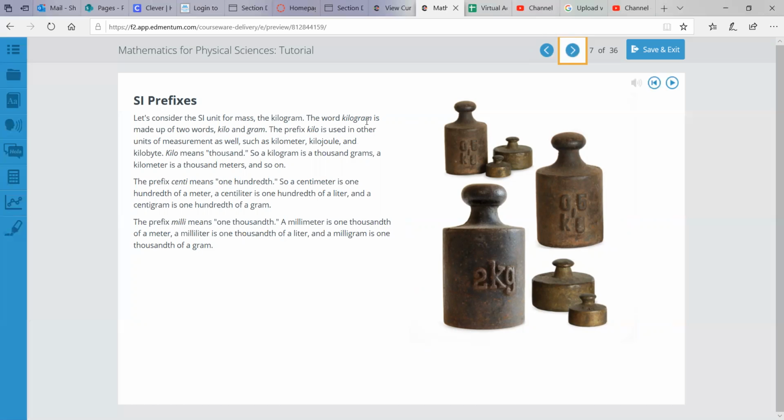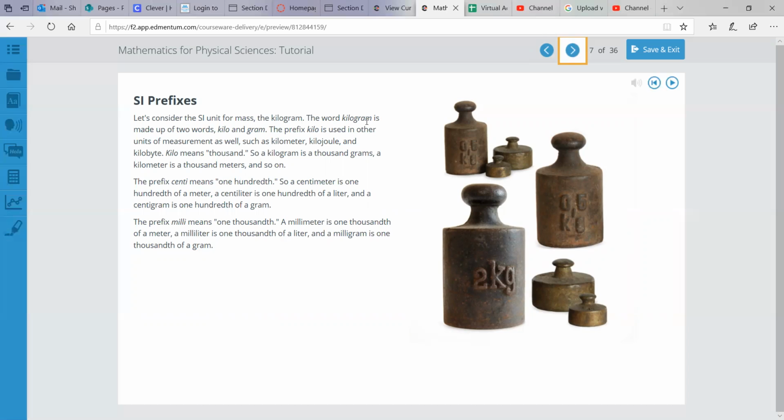Kilometer is 1,000 meters. Centi means 100th. So like 1 divided by 100 is 100th. So a centimeter is 100th of a meter. So another way to look at that is 100 centimeters equals 1 meter.